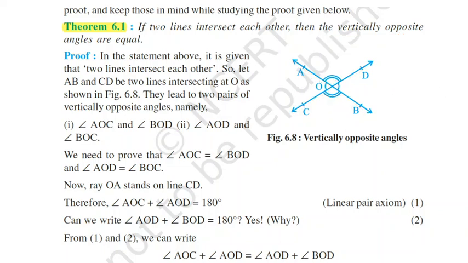Let's start. First we write given. What is given to us? Given that AB is a line, CD is a line, they intersect each other at point O. Write it like this. Now, what do we need to prove?